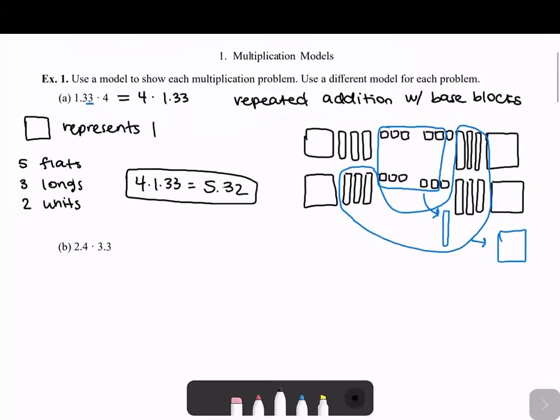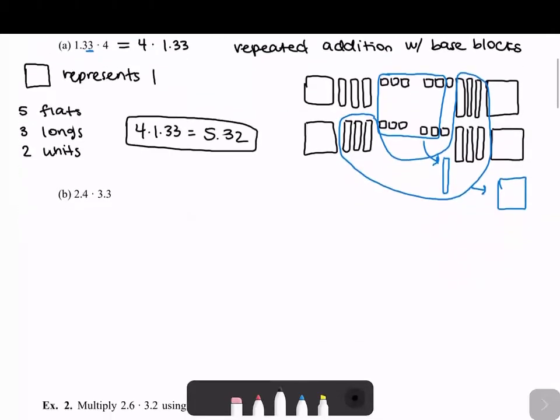You can also, as we're going to show in this next one, use base blocks with an area model. So we're going to use an area model, and we're going to use base blocks with that area model. Okay, so here we have 2.4 and 3.3. So the smallest place value is the tenths here.